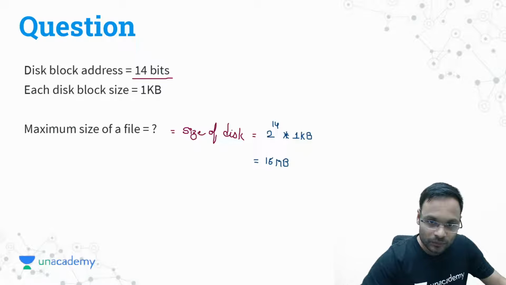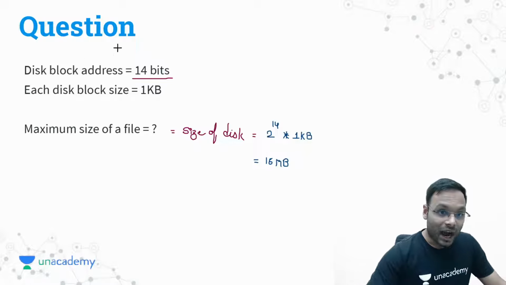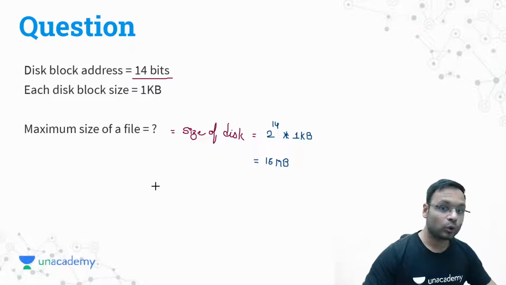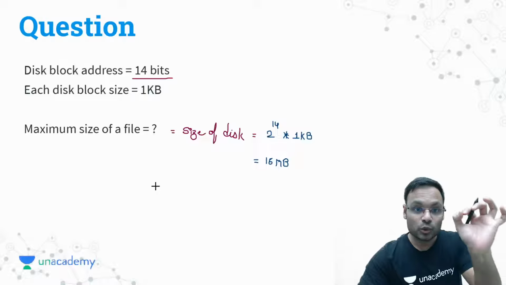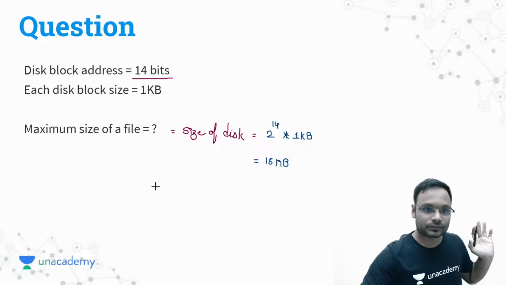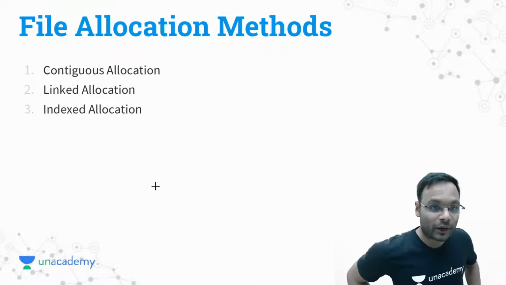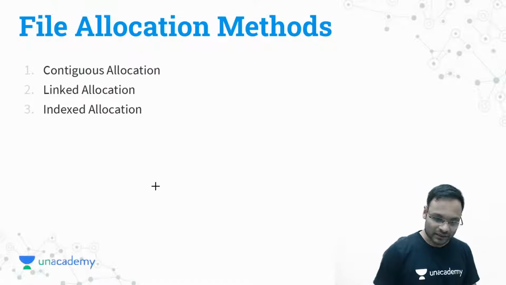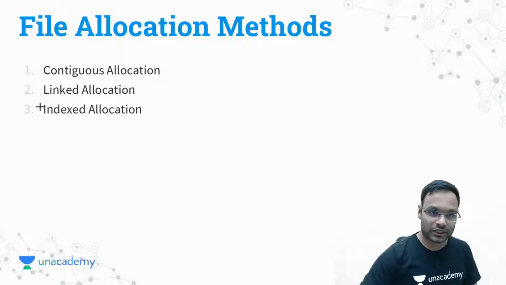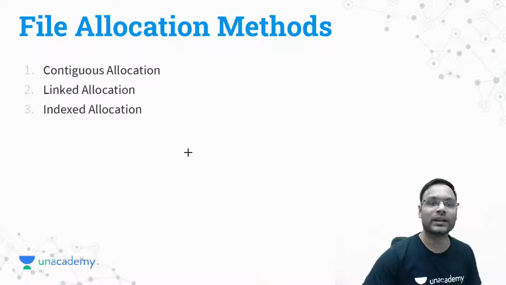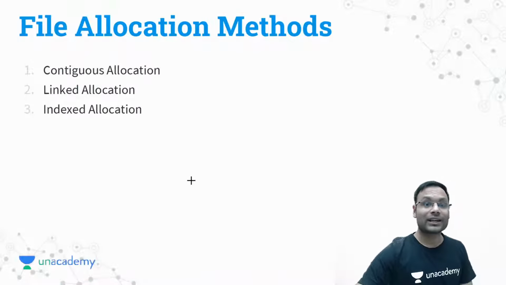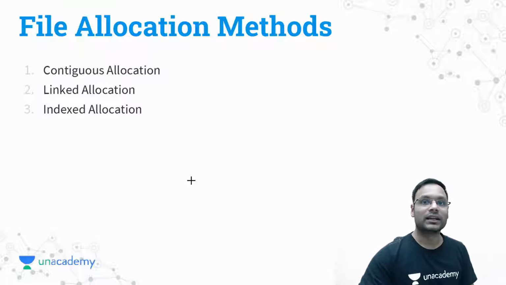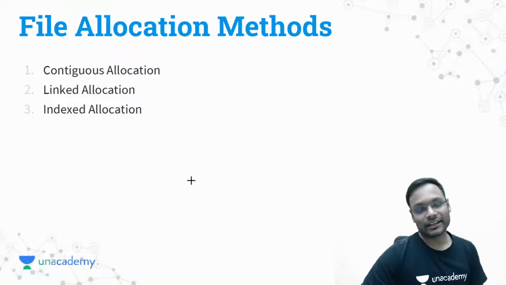Now let's talk about what kind of blocks and how those blocks are chosen to store a particular file. The very first thing to know is that there are three types of file allocation method. The first one is contiguous allocation, the second is linked allocation, and the third is indexed allocation. So what is contiguous allocation? Before that, we will have to assume certain circumstances.